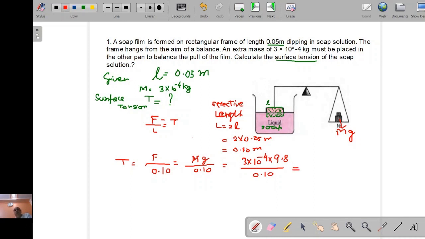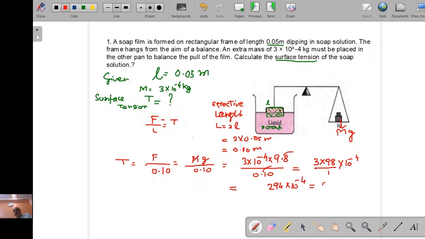So it will come, we may remove the decimal, 3 into 98 divided by 1 into 10 to the power minus 4, or it is equal to 3 into 8, 24, 2, 27 and 2, 29 into 10 to the power minus 4.